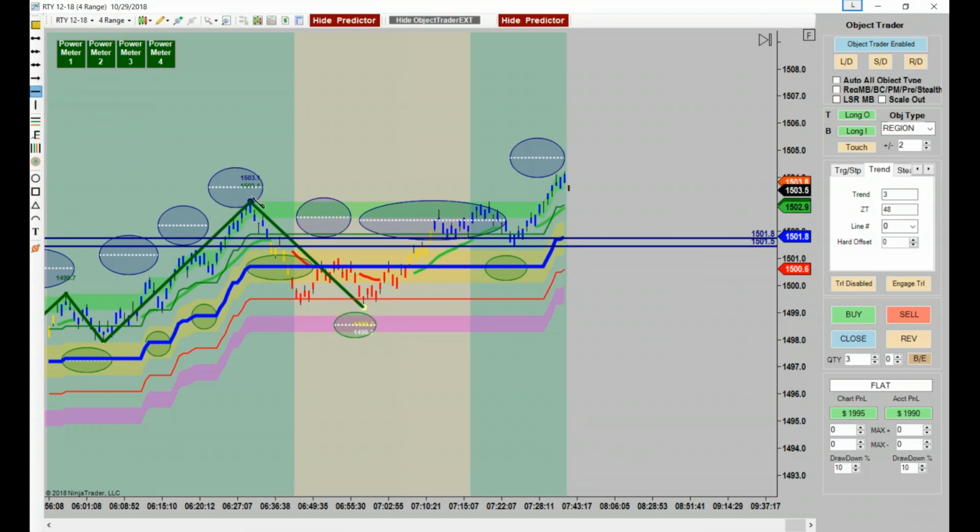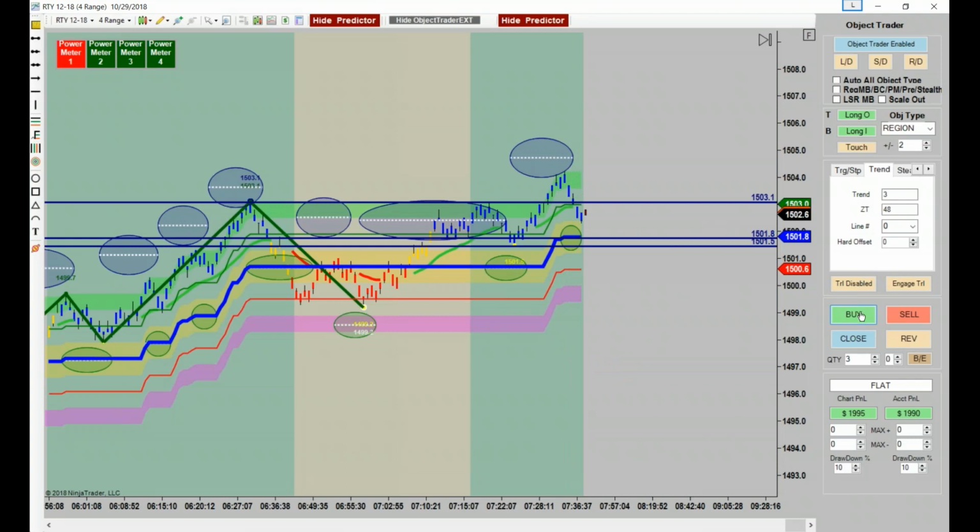We got a swing right here. Didn't get us in yet, did it? Got to get down to my line, at least mid-band.